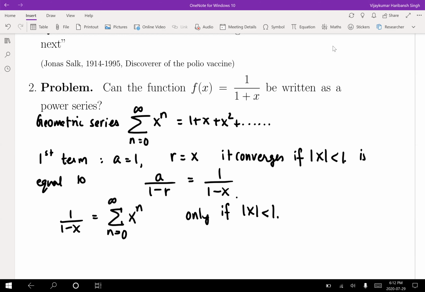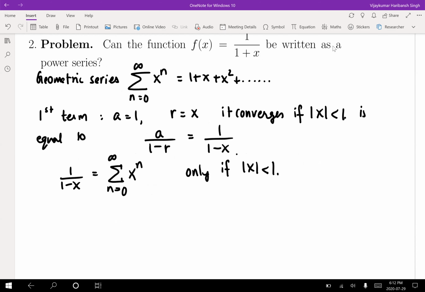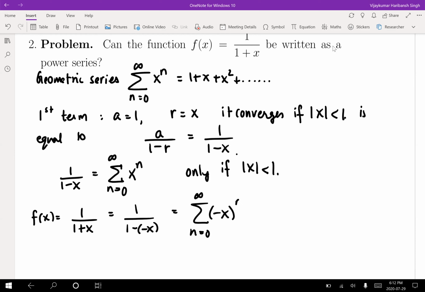So let's deal in the same way with our function f of x. Our f of x is 1 upon 1 plus x, which is the same as 1 upon 1 minus of minus x, and that is equal to summation n equals 0 to infinity of minus x to the power n, which is the same as summation n equals 0 to infinity of minus 1 to the power n x to the power n.